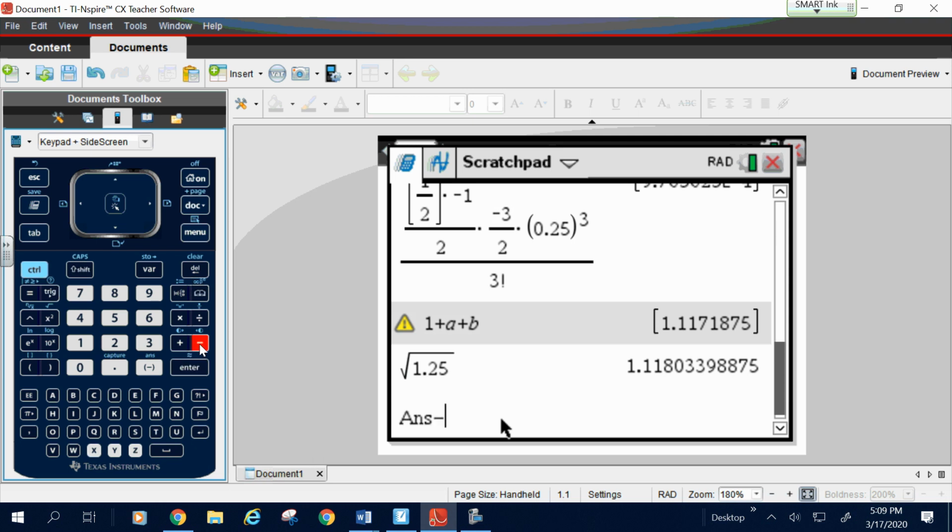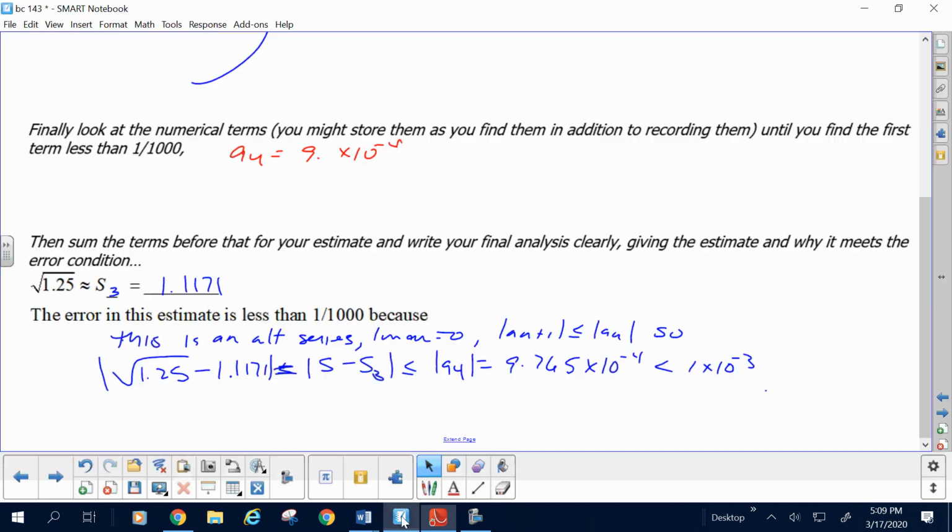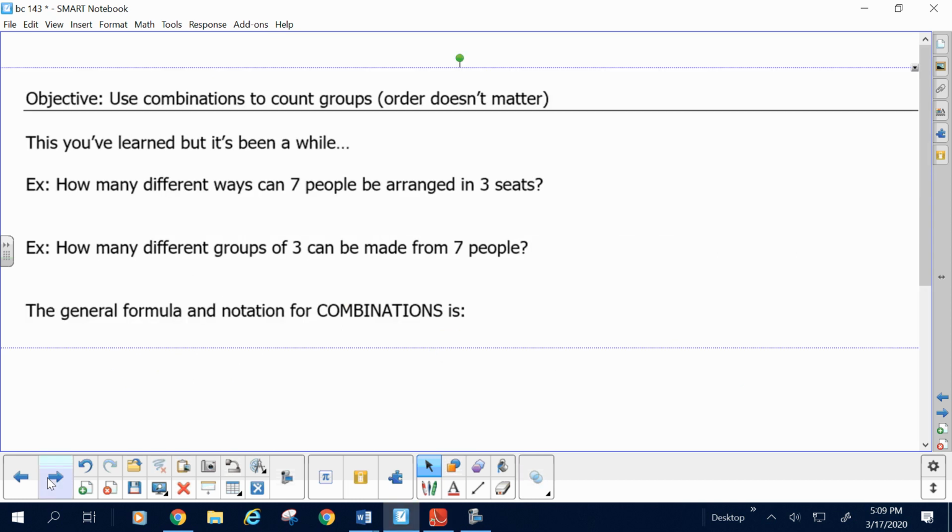If you subtract 1.1171875, you can see it is coming in less than 1,000. All right, so there's a darn good estimate, and I mean a really exact estimate of a square root. And let's move on then.